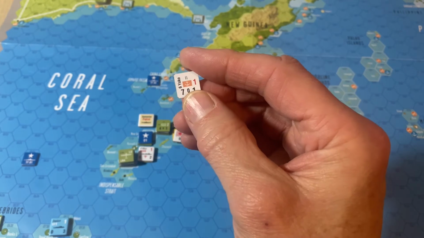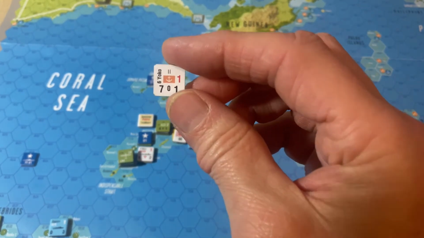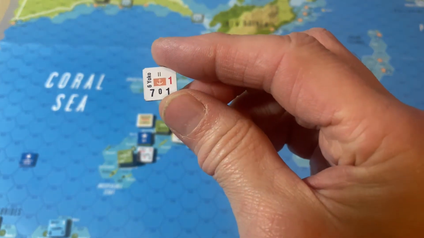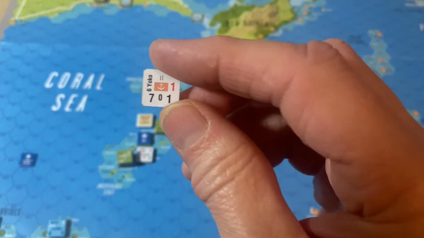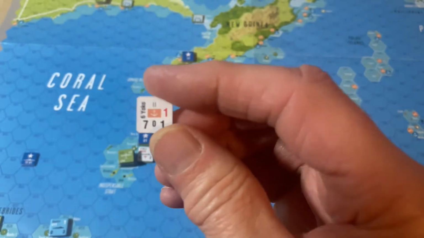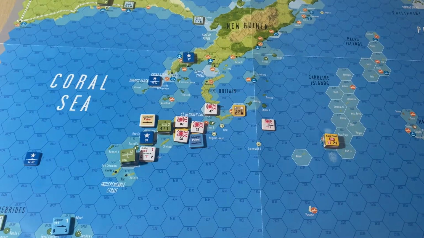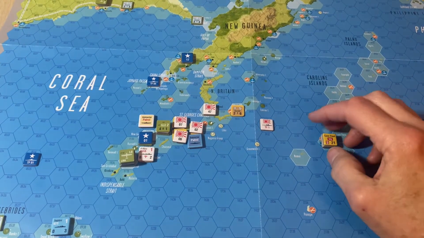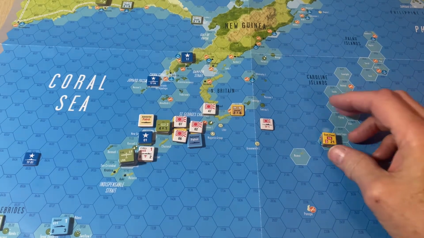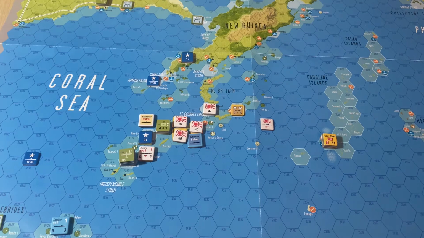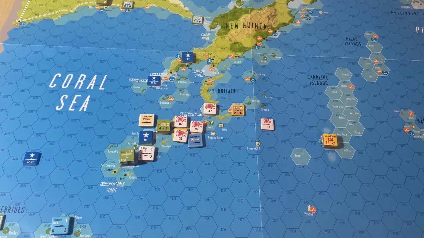They're actually quite strong for anti-ground attack. So that's a good thing. And they actually rolled a 0, so they eliminated this step of the Marines. They weren't able to have any broken effect on the other infantry regiment that was there.